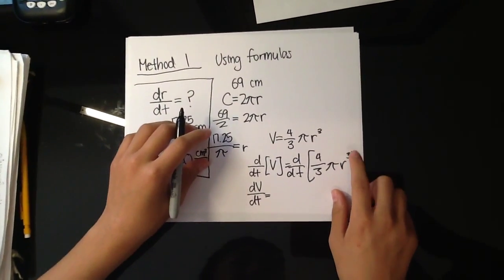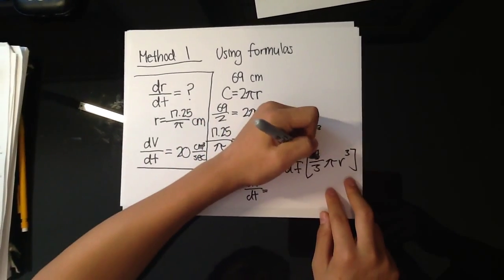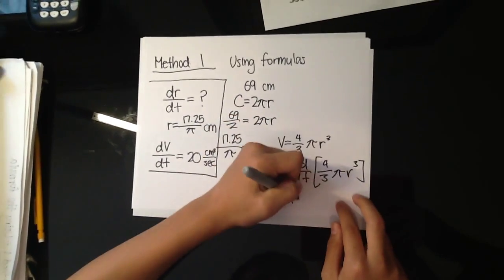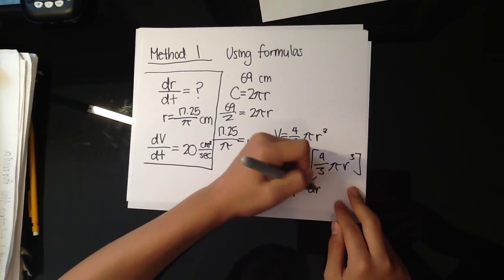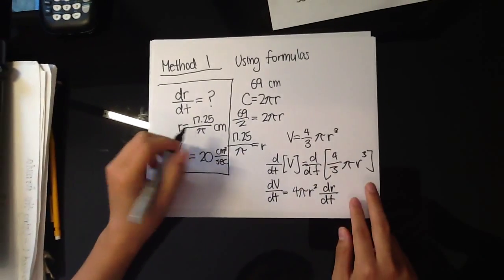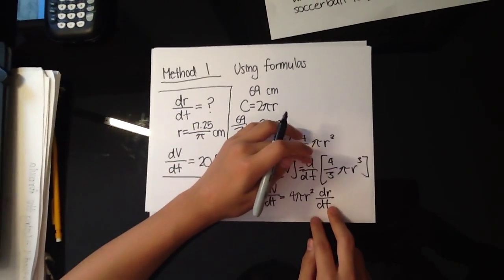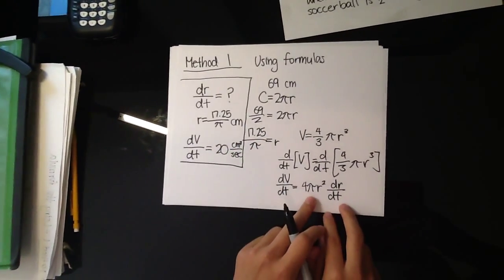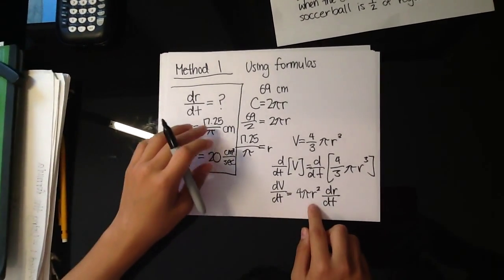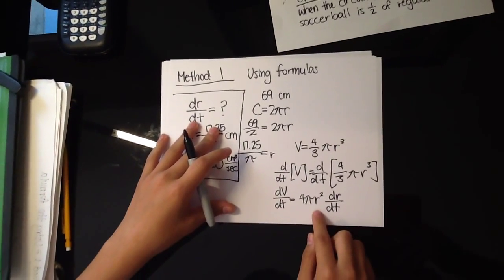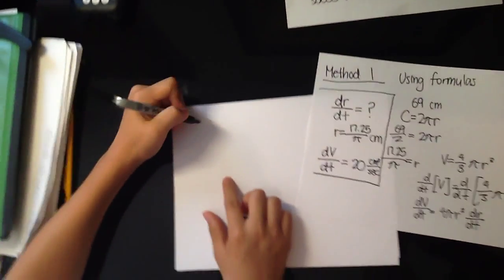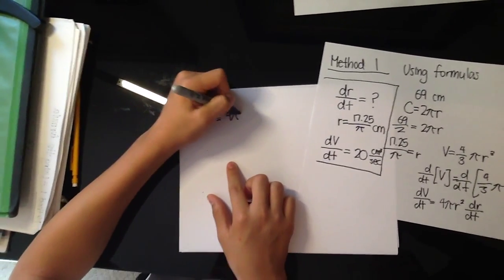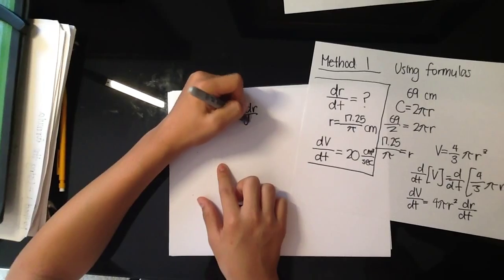So that's going to give you 4 pi r squared dr/dt, because it's like multiplying by d/dt. That's dr/dt times 4 pi r squared, which is also the formula for the surface area of a sphere. So now we have the equation dV/dt equals 4 pi r squared dr/dt.